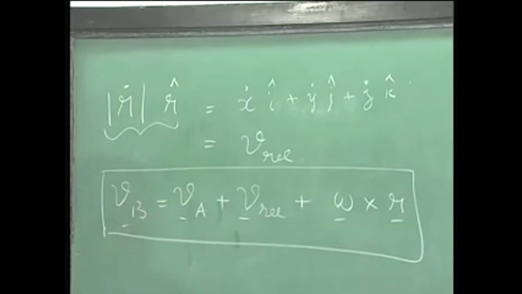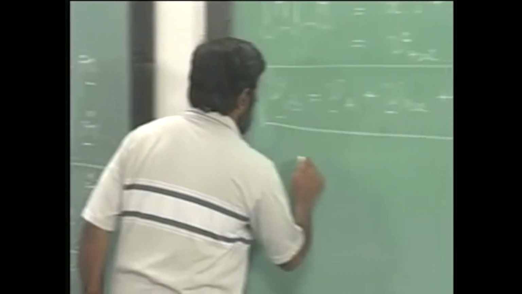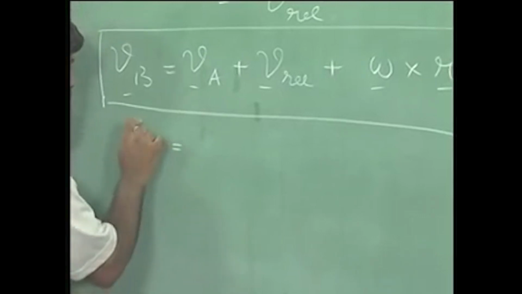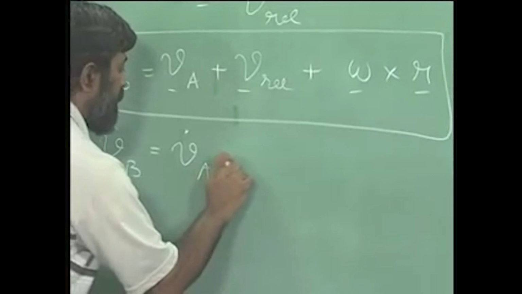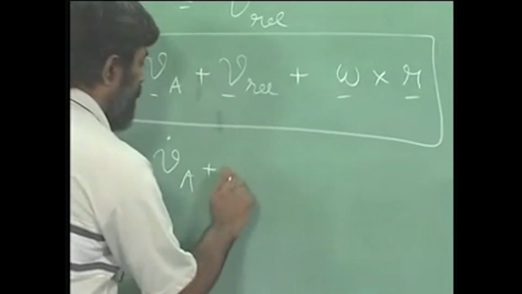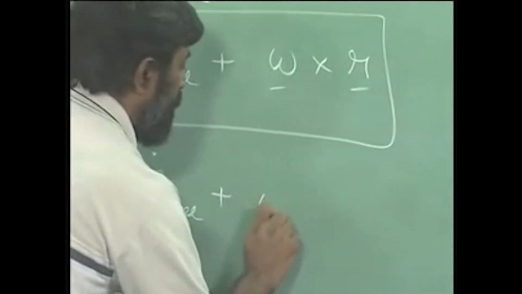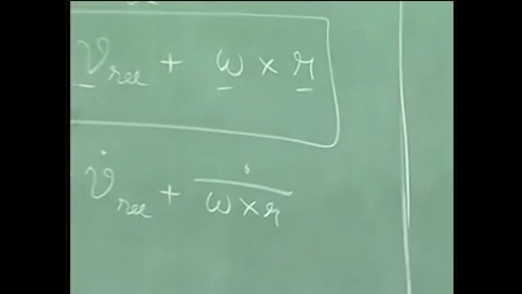So, how do I get it? Let me just translate this over there because it is easier. What I have here is V dot B equals V dot A plus V dot relative plus omega cross r dot, simple, alright.